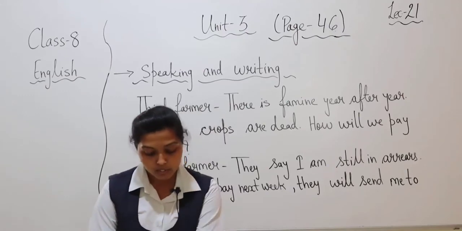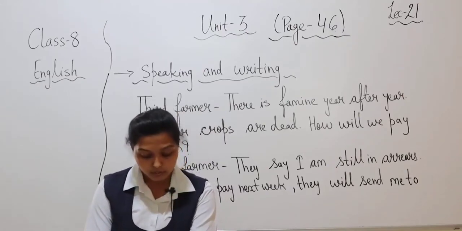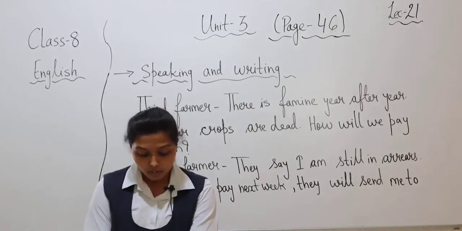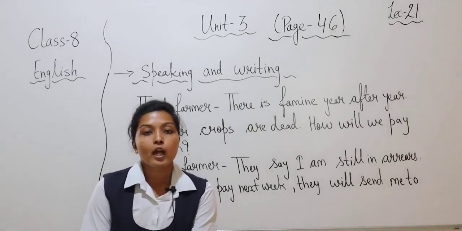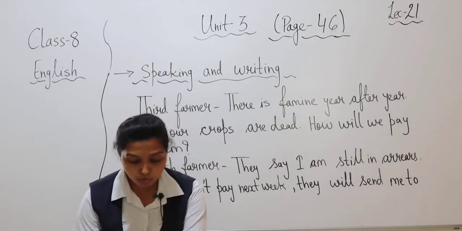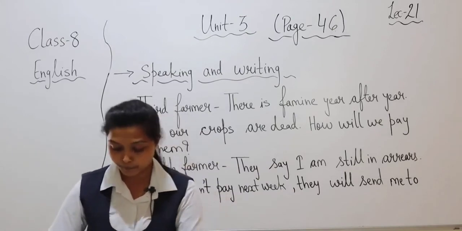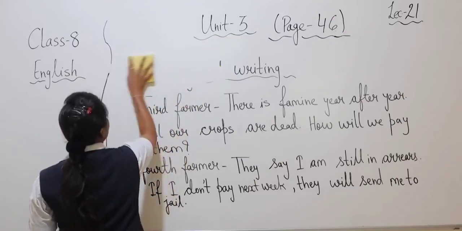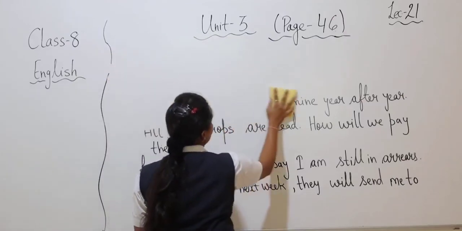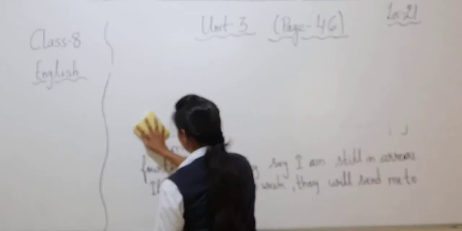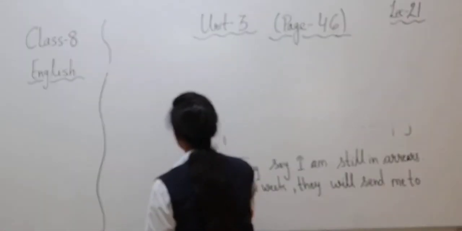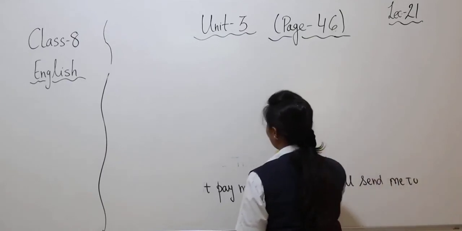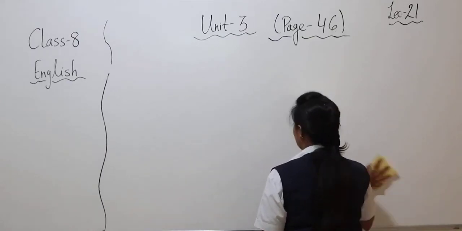Okay, now the second question given: write the story in your own words, give it a title. So now we have to write down the story. In this second one, you have to write by yourself.